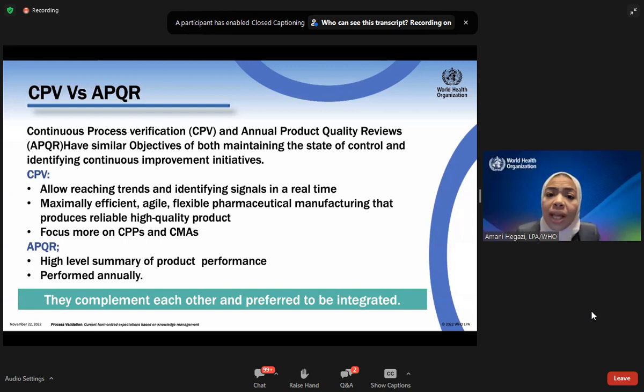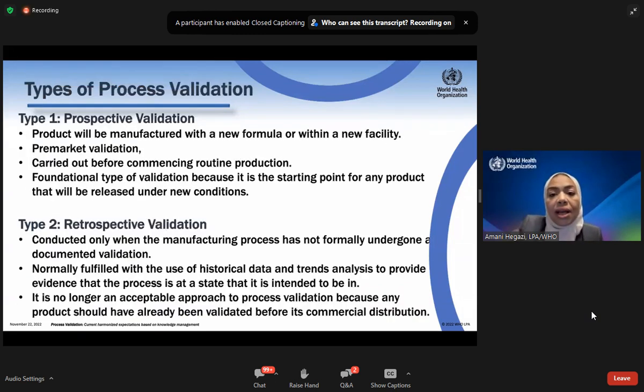They complement each other. You may integrate them in some sort, so you may use some of the trends established in the continuous process verification while formulating and preparing your annual product review, but each one is a regulatory requirement and each one has its unique objective.